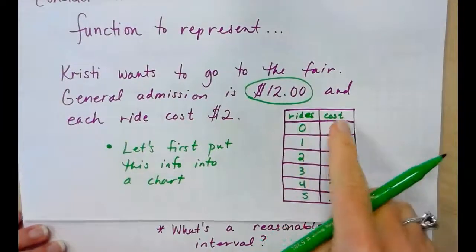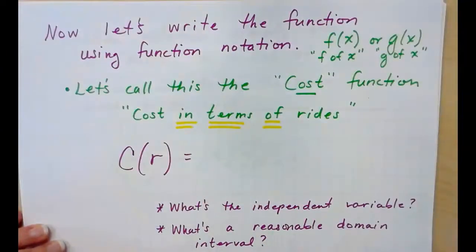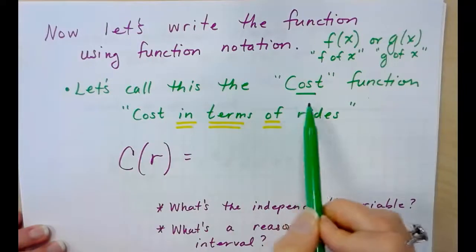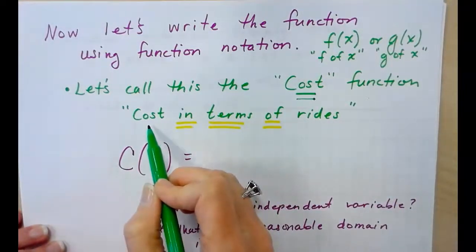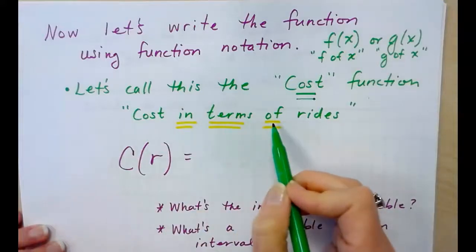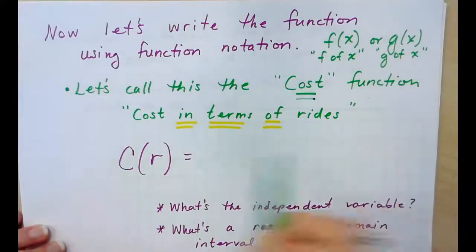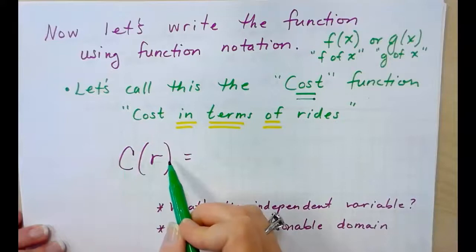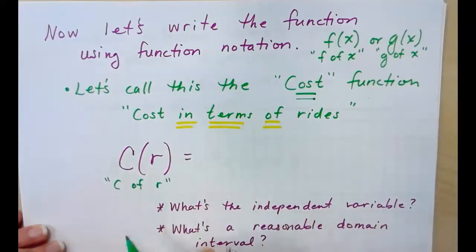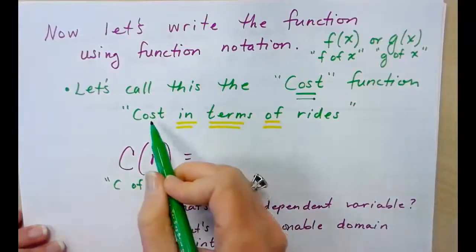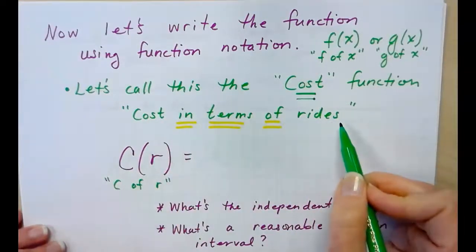Well, we're going to call this the cost function. Remember our chart? Rides, cost. Let's call this the cost function. This is the cost of going to the fair in terms of rides. So C of R. C of R is short for cost in terms of rides.